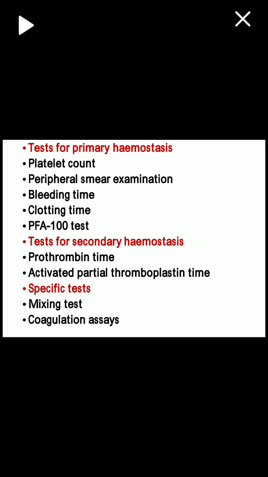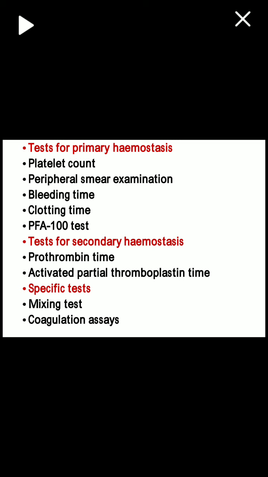So we have certain laboratory tests for assessing the integrity of the primary hemostasis, secondary hemostasis and tertiary hemostasis. So tests for primary hemostasis are platelet count. I have already told you the normal platelet count is around 1.5 to 4.5 lakhs per cubic mm.